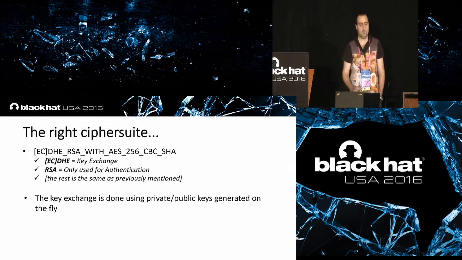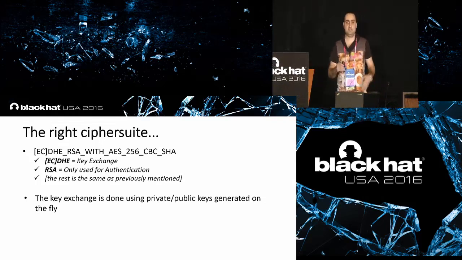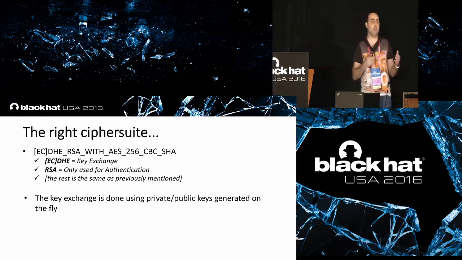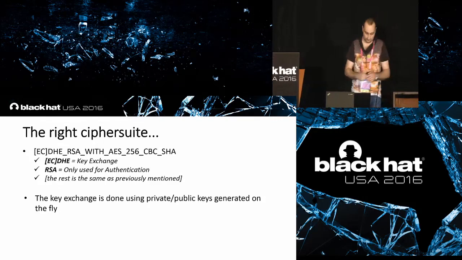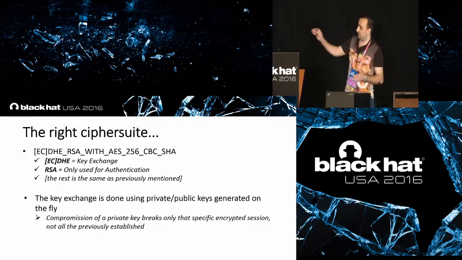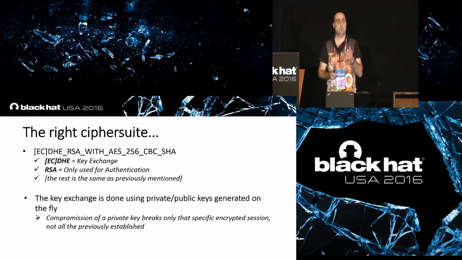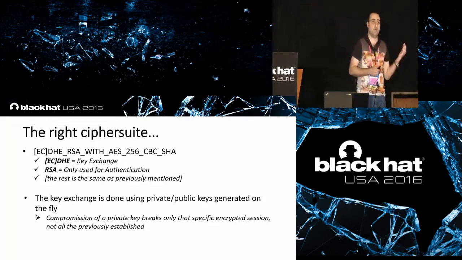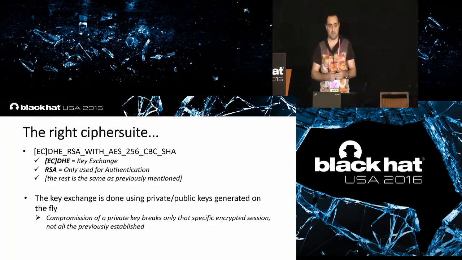So, in this case, the key exchange is done by using private and public keys which are generated on the fly. And this is very important because if the private key of a specific TLS session is compromised, only that session is compromised, not the previous ones or those that are established in the future. And this feature is called perfect forward secrecy.